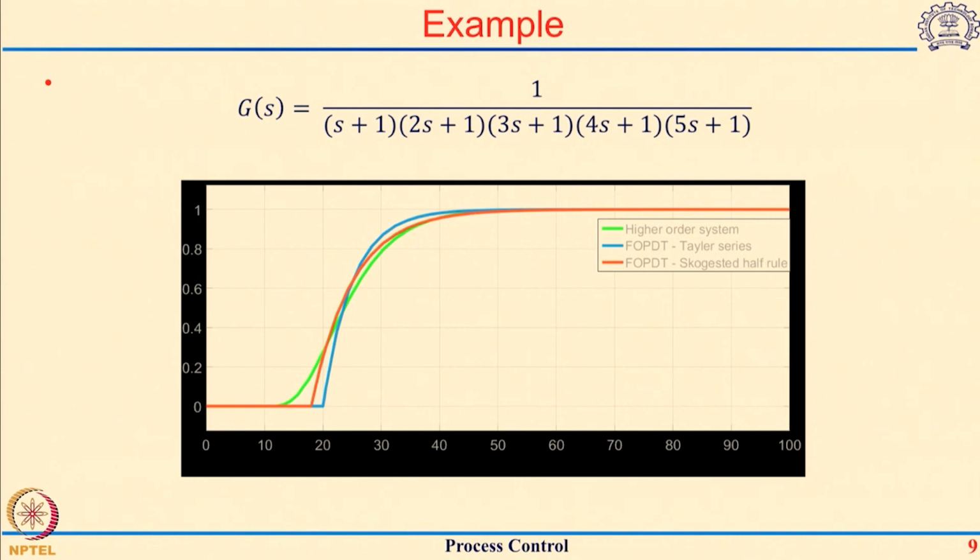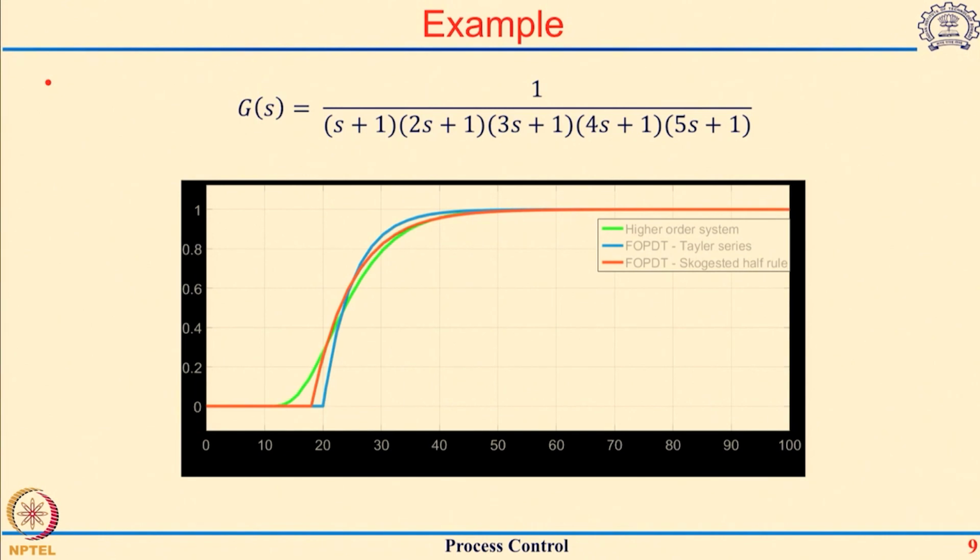You can see that the red line is closer to the real response, and that corresponds to the Skogestad's rule. So it's a more empirical method which was developed by Professor Skogestad, and by just taking the second dominant scale and increasing the tau, and while reducing the dead time, it is able to match the response in a much better way.